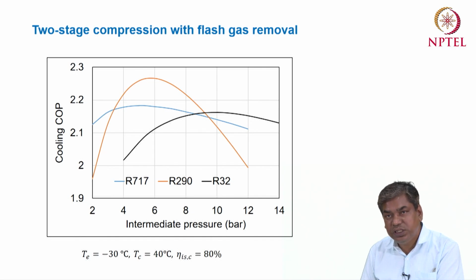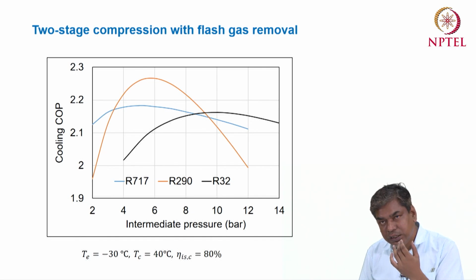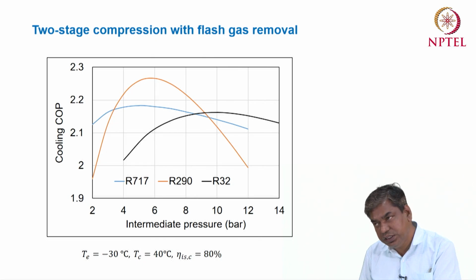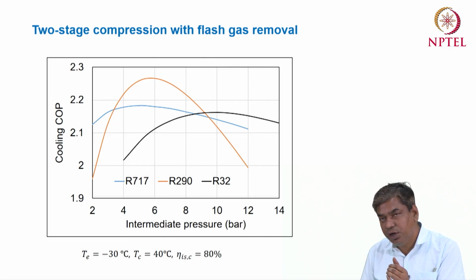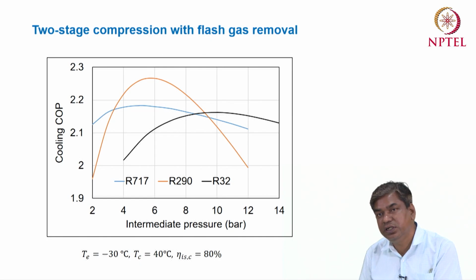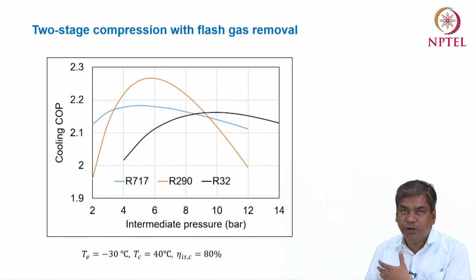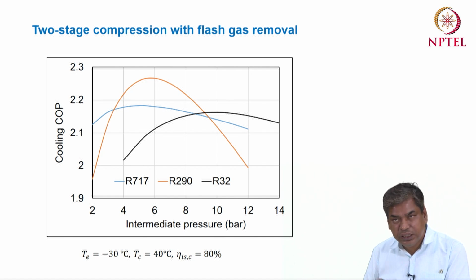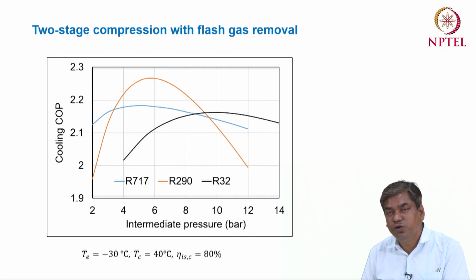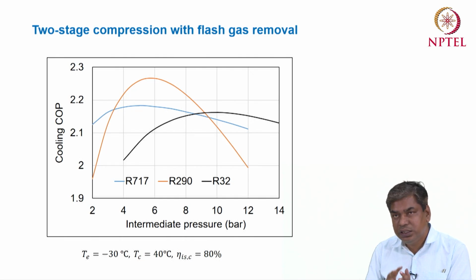So the cooling capacity will change, and the compressor work will also change with respect to intermediate pressure, and that variation is not monotonous. So the combined effect of the changing cooling capacity and the changing compressor work gives this type of behavior, the cooling COP with respect to intermediate pressure.